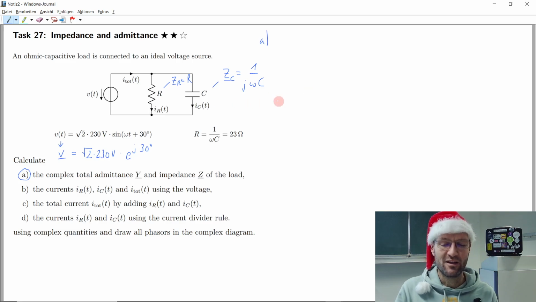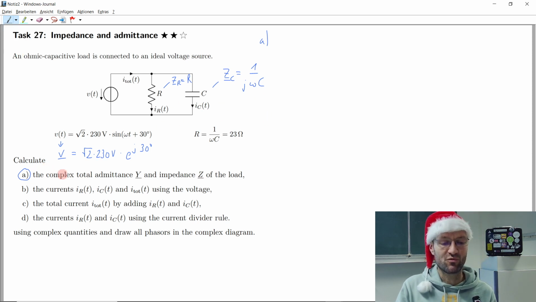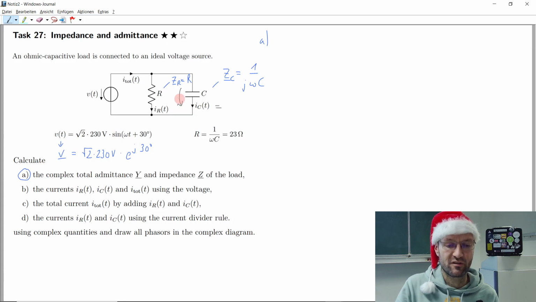Okay, very good question. So then let's do a quick step back. I will use gray because it's not really necessary for the solution of this task. But if we think about current and voltage here at the capacitor, we have a voltage drop across this capacitor, the V of t.